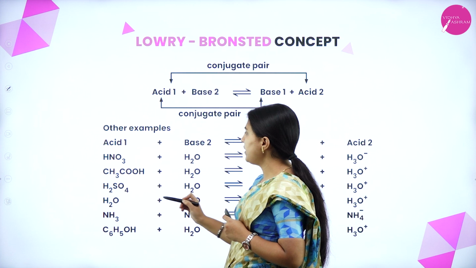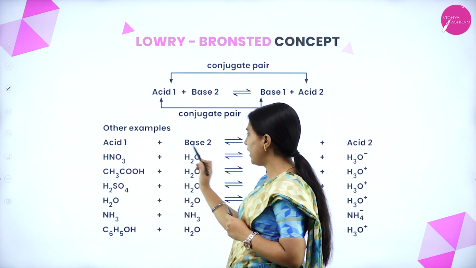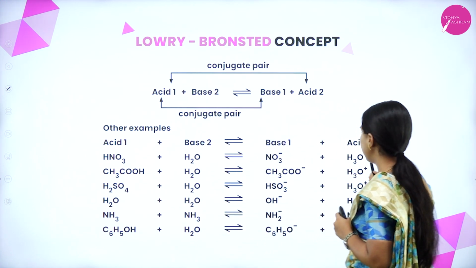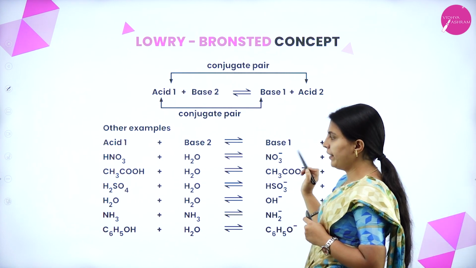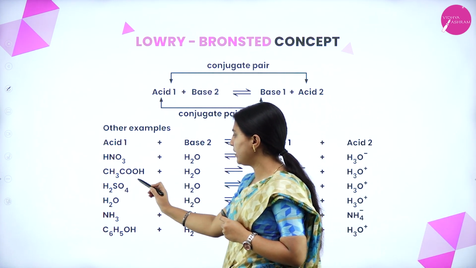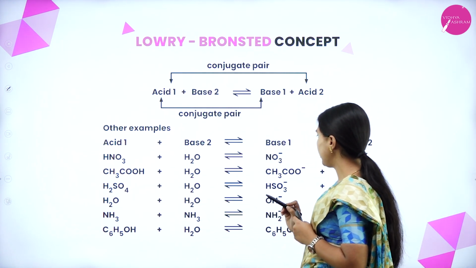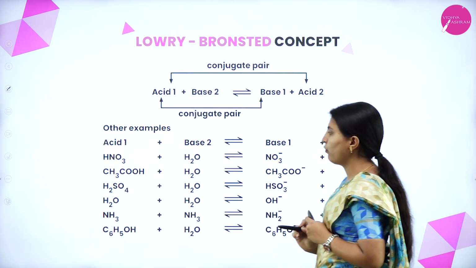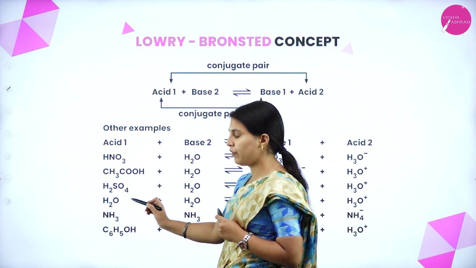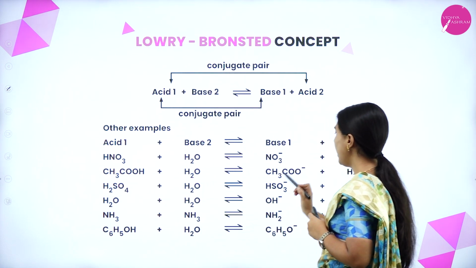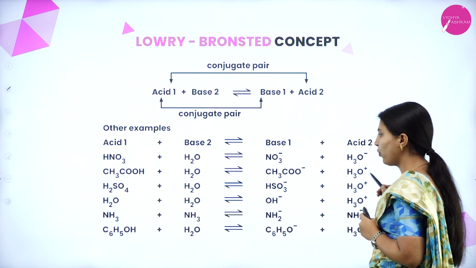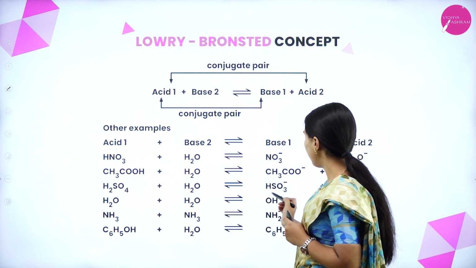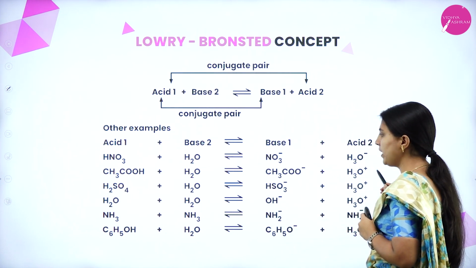See here examples. HNO3, that is nitric acid, in water will liberate H3O plus and nitrate NO3 minus. Acetic acid also reacting with H2O gives CH3COO minus and H3O plus. H2SO4, sulfuric acid, also treated with water gives HSO4 minus and H3O plus. In water and water, OH minus and H3O plus.